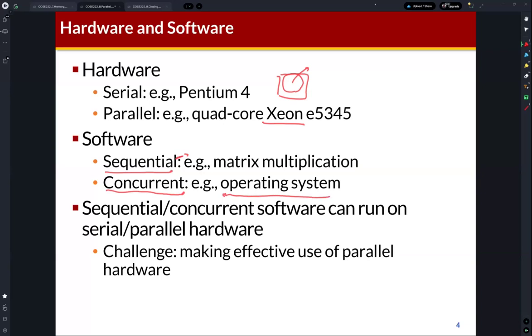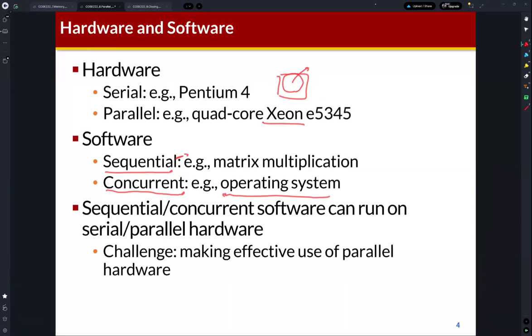So we expect that when we design parallel computer systems, it means my computer hardware includes multiple cores, right? So using these multiple cores, we can run multiple tasks or multiple threads concurrently.